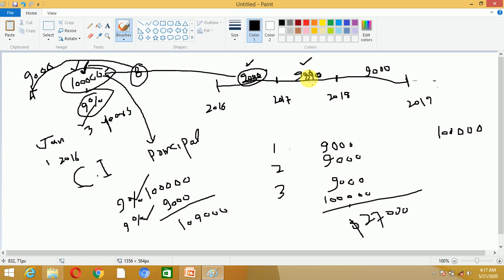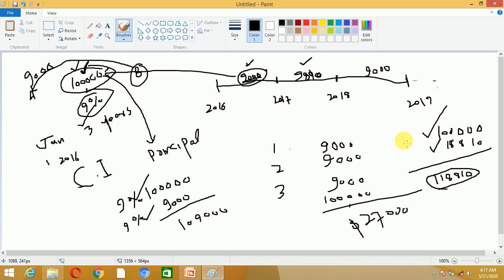So 9,000 plus 9,810 becomes 18,810. So now what is the total amount? 118,810. So we will receive 9% interest on this total amount, that is the 100,000 principal amount and the 18,810 interest earned.